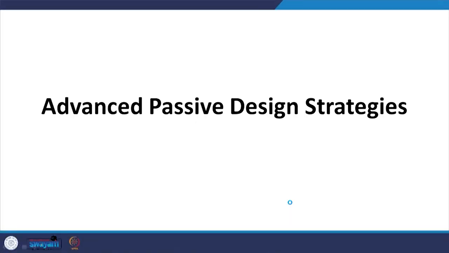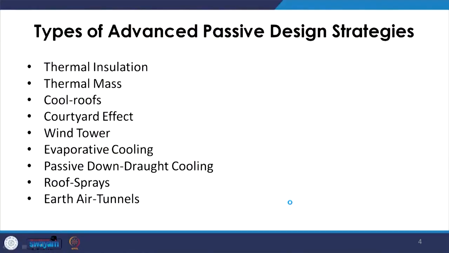Now, once we have done this, we also have to know a little bit about some of the advanced passive design strategies besides the ones that we have already seen. So, some of those I have listed here. There are many more. The new ones are being developed and researched, but these are some of the identified and established ones which are also commercialized and popular.